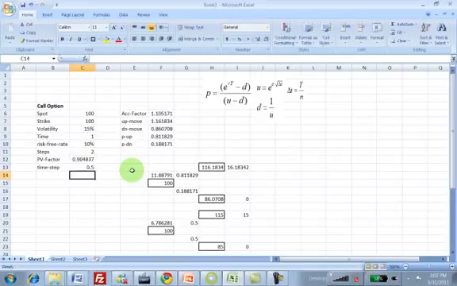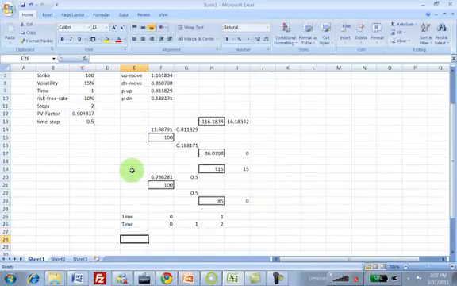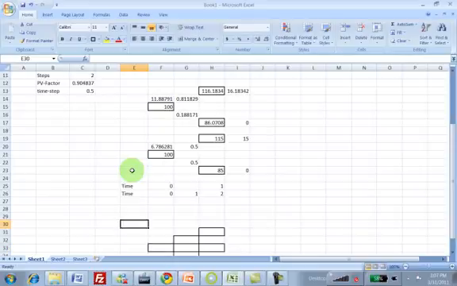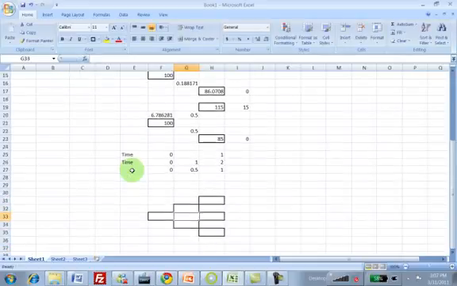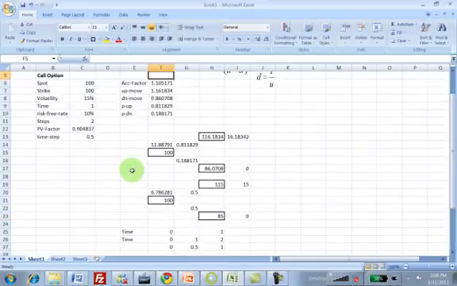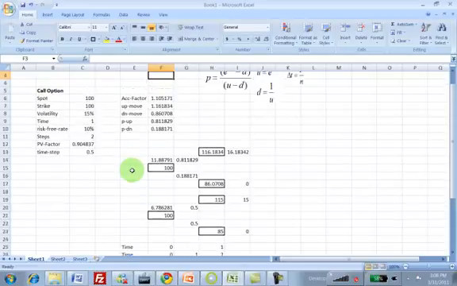So now my time step is half, representing 0, 0.5 and 1. The initial starting point doesn't change; it remains 100.